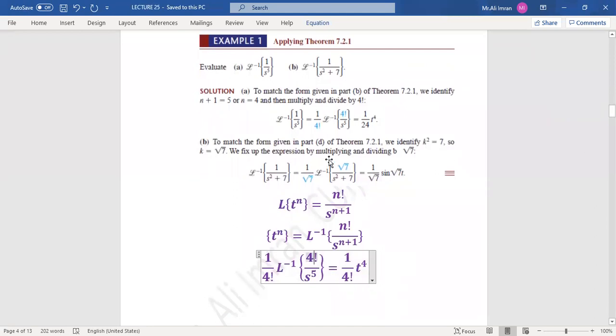Similarly, we want to find the inverse Laplace transform of 1 divided by s square plus 7.